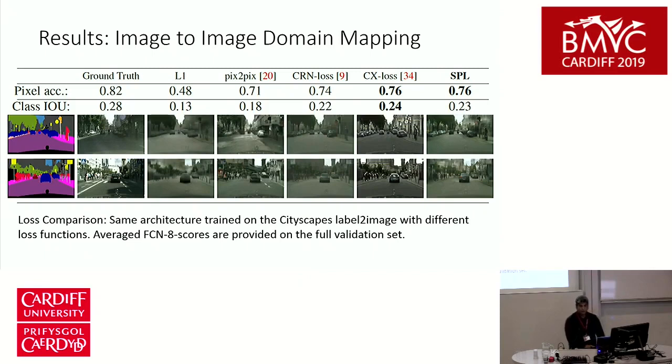So in direct comparison to its pixel level L1 counterpart, the SPL does much better, while quite on par with the adversarial GAN-based frameworks like Pix2Pix, and also quite on par with recently proposed structural perceptual loss, feature level loss component, the CX and CRN loss. And the performance is depicted by the average FCN scores on the outputs by training the standard ResNet block generator, which is commonly used in the GAN-based corresponding Pix2Pix or CycleGAN-based frameworks.